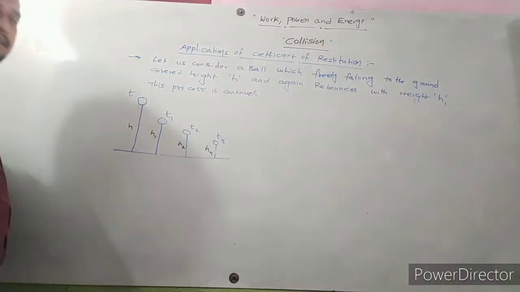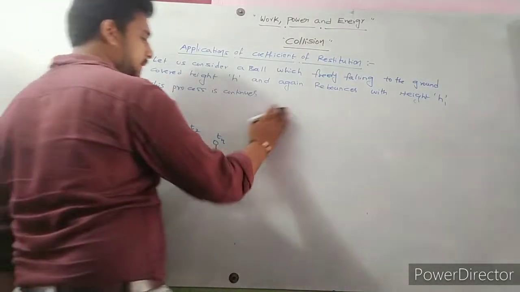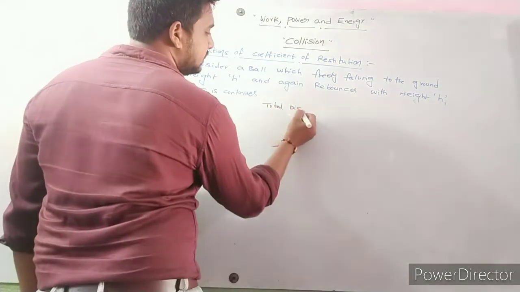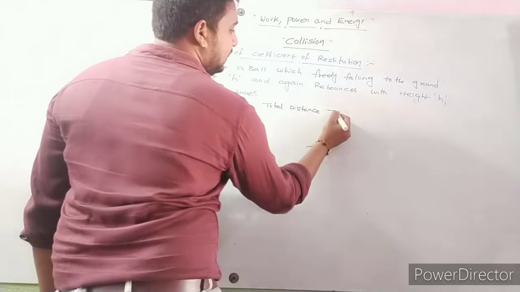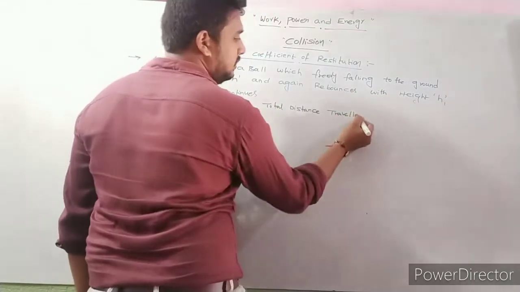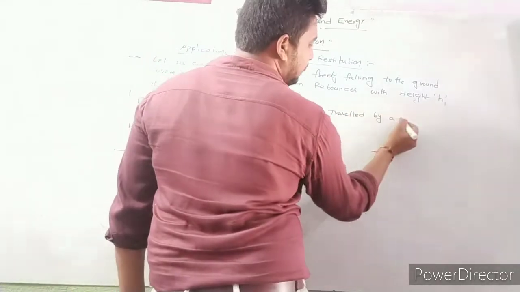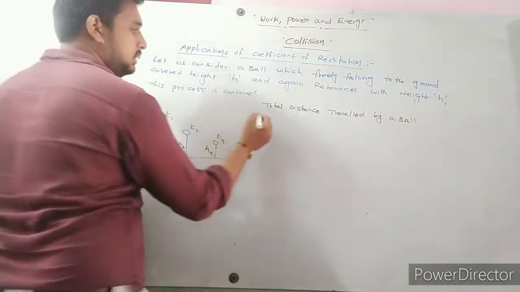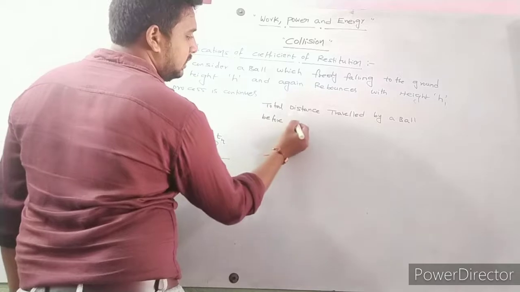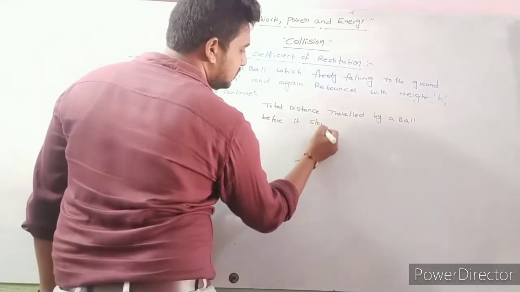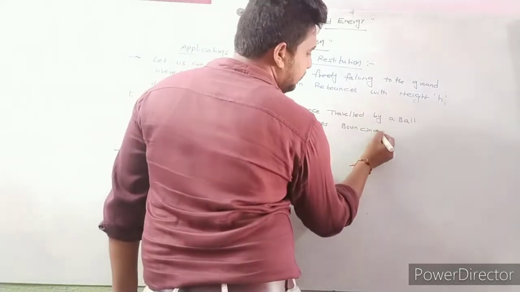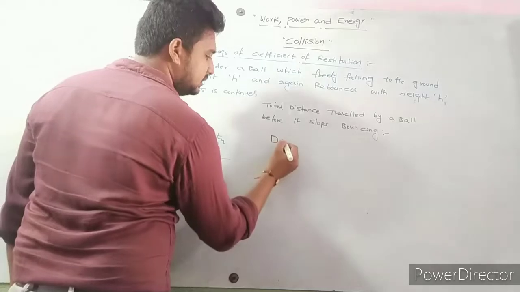So from this, the total distance traveled by a ball before it stops bouncing, that is indicated with d, total distance.